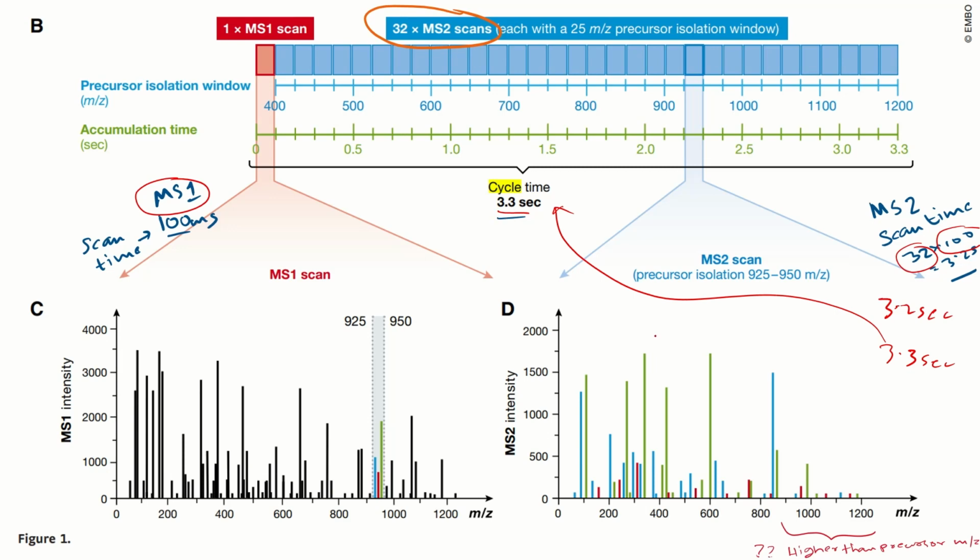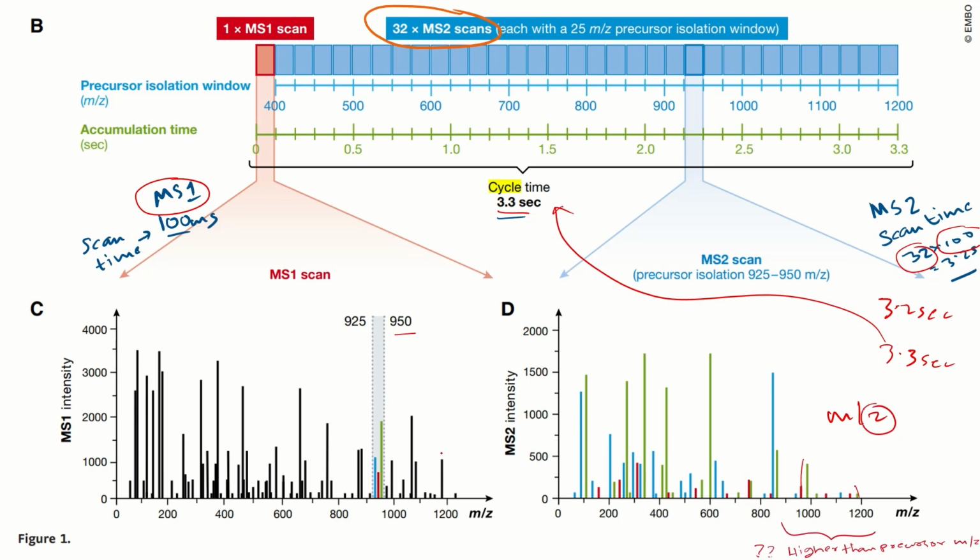Now there might be some small questions in your mind: how are there higher sized fragments than the precursor ions? Since you were selecting a maximum of 950, how is there a peak at 1000 or 1200? This has to do with the m/z, since z is the charge.